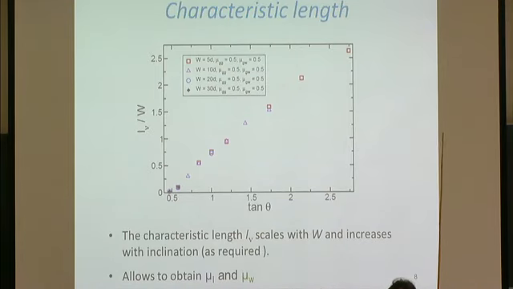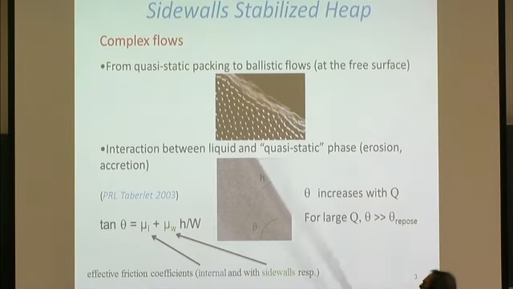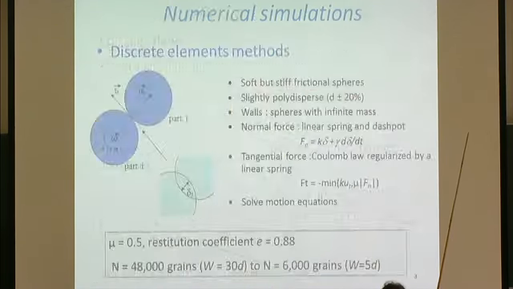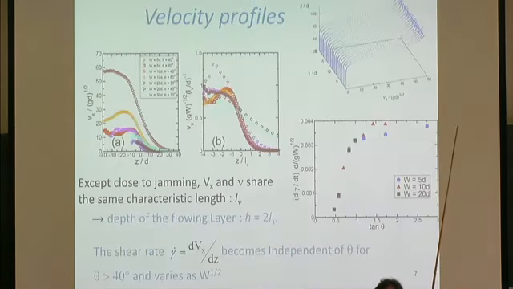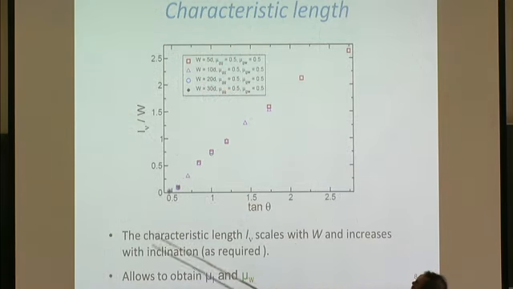It is the same relation as the one I mentioned before. So H is 2 times L nu, so it is a linear relation between tangent theta and L nu over W. It's exactly what we see here. So we recover in the simulations what had been observed in the experiment.